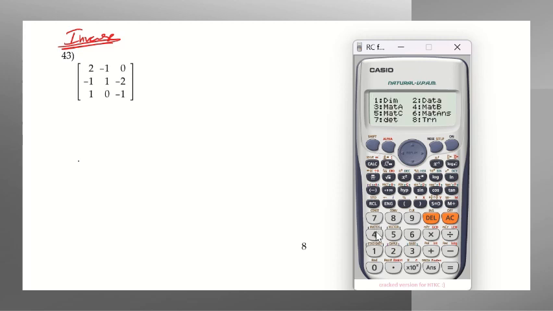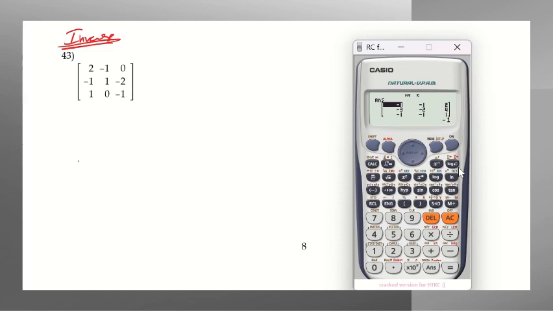For some calculators you are going to press operations, and then you are looking for the matrix that you called. I called it matrix A, so I'm going to press 3. Then I press on the inverse, and the inverse is here. As we can see, it's here. So I press it, and then I press equal. And as I can see, I have the inverse matrix.